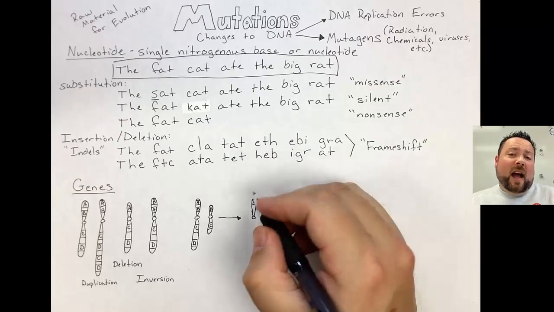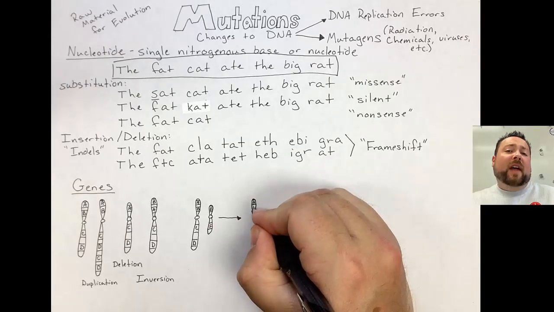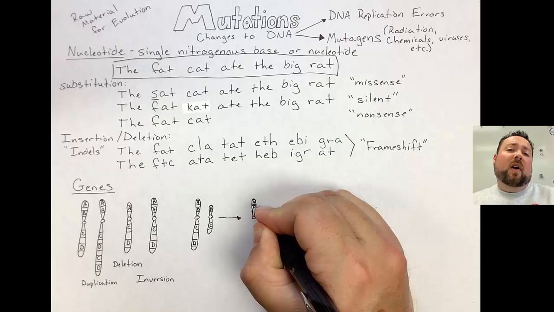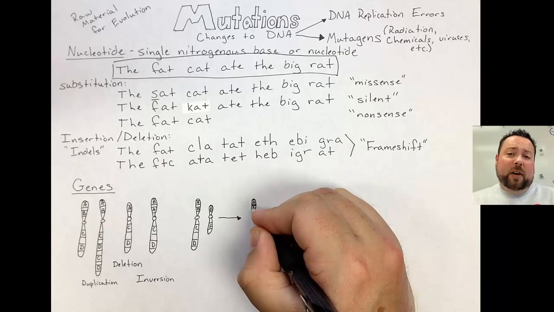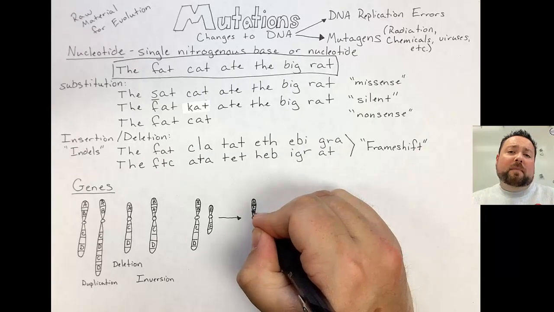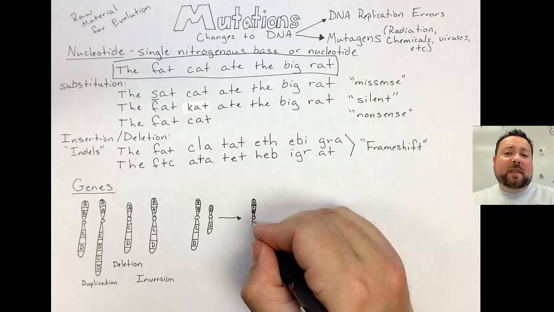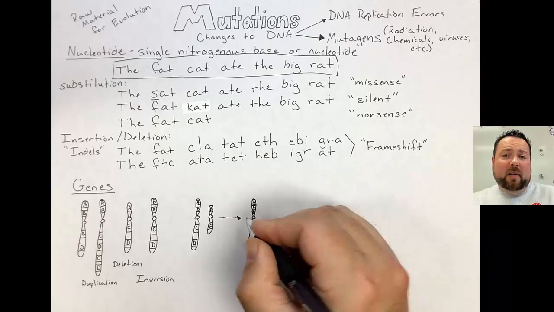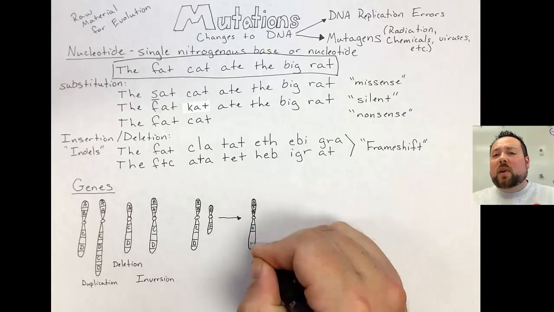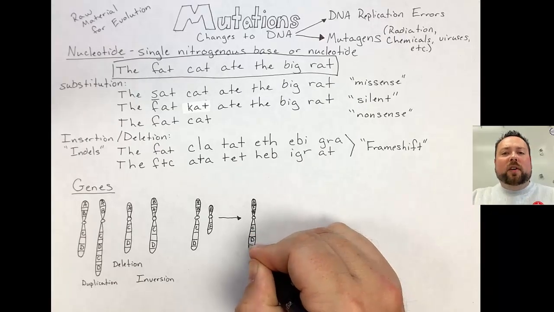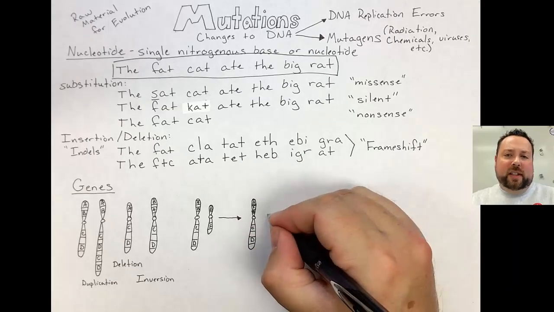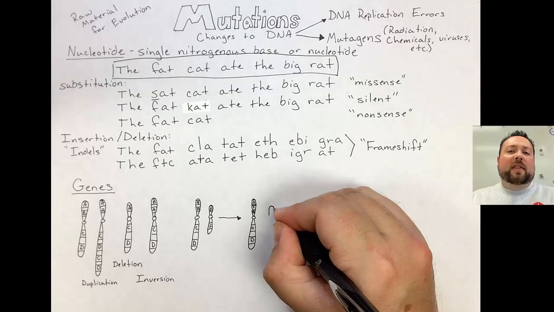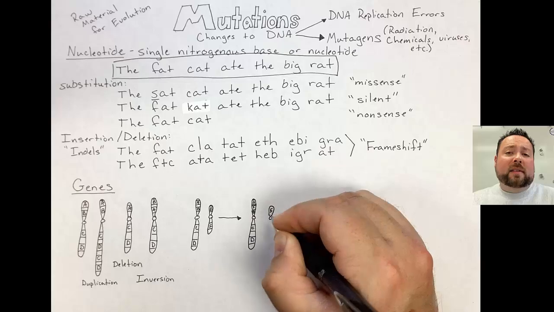This has happened with some individuals where the SRY gene has been put onto the X chromosome. So there are some individuals that have two X chromosomes, so they would be chromosomally female, but because the SRY gene is present, it turns on all of these other genes, and they end up appearing biologically male.